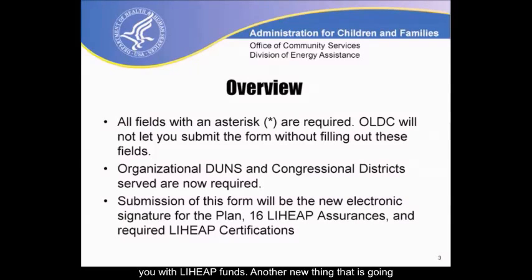Another new thing that is going to be implemented as a result of this form is when you complete the form and complete all the other sections of the LIHEAP model plan, and hit certify and submit in OLDC, that is going to be the new way that you sign the plan, the 16 LIHEAP assurances, and the required LIHEAP certifications. And we'll go through how to do that and what that means in just a little bit.